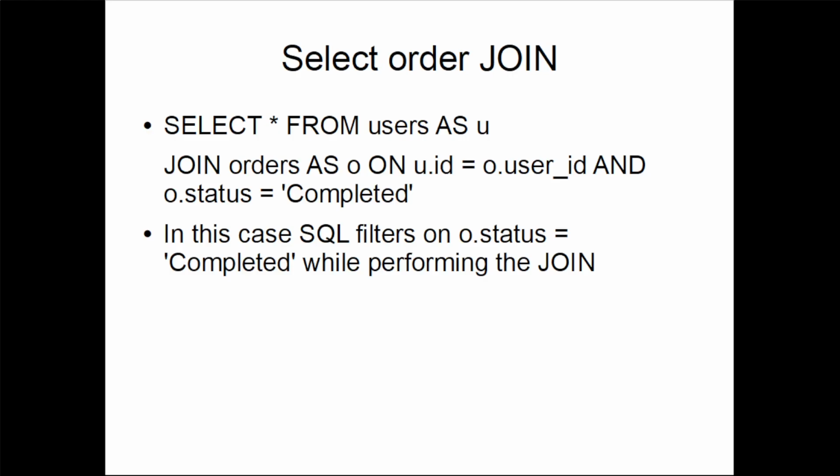Longer wait times for users, especially in applications where speed is critical. For example, if your orders table has 10 million rows and only 5% are completed orders, filtering status equals completed in the on clause means the join only deals with 500,000 rows. Filtering in where forces the database to join all 10 million rows first, which could take much longer.